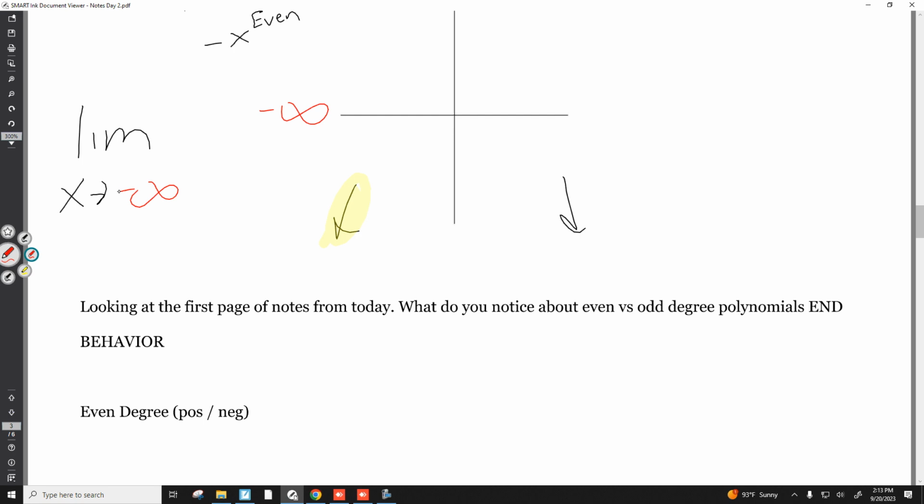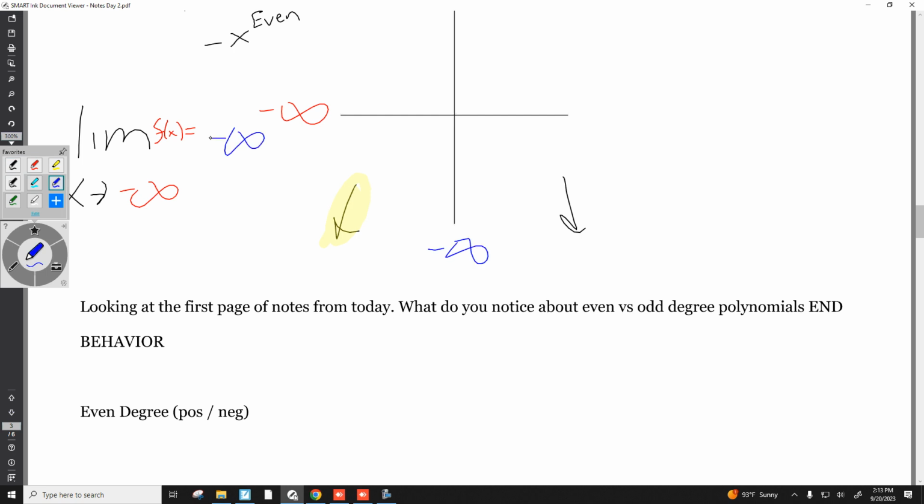My graph, my function, my f of x is going down. We would say that my y's are approaching negative infinity. This is our left end behavior.